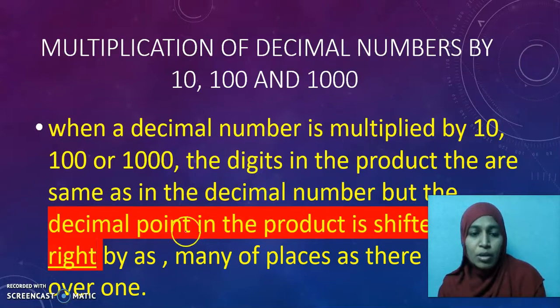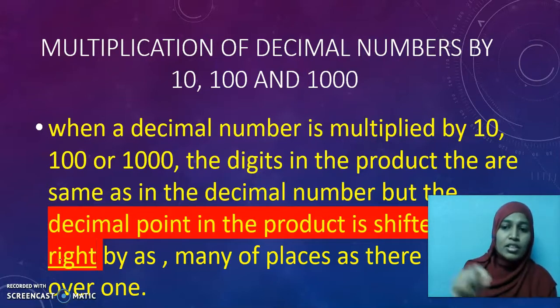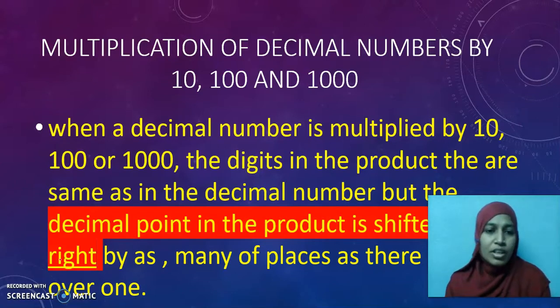But the decimal point in the product is shifted to the right. It is shifted to the right by as many places as there are zeros after 1. As many zeros as are there, that many digits the decimal point will get shifted. Is it clear, my dear children?